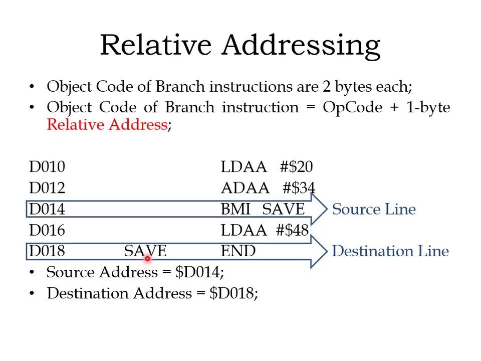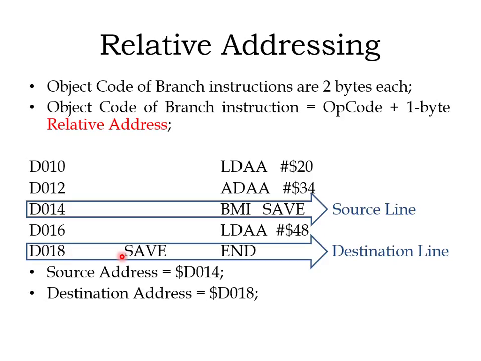Since you are saying branch to that label, in your program that label should be in a different line for sure, because that's how your program will branch to that line if the branch is taken. So the label is again here, SAVE. That means this is your destination line, the line where your program will jump if the branch is taken, based on the flags or whatever condition we have. You see what I'm saying?